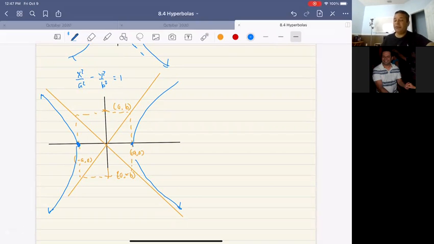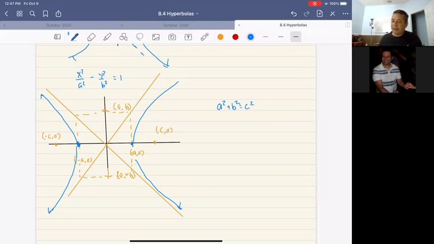Now we need a way to find our foci. We're going to put them here, on the same axis where it's oriented. This point's going to be c comma 0, and this point's negative c comma 0. And now we have a squared plus b squared equals c squared.